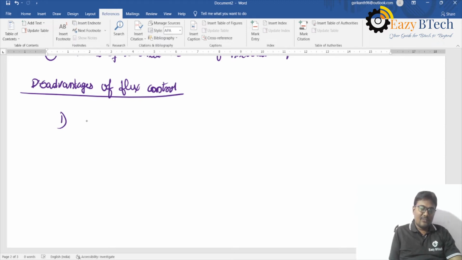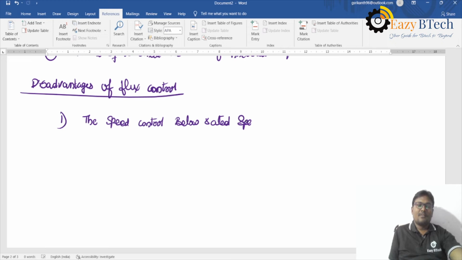So that is the first disadvantage: speed control below rated speeds is not possible.